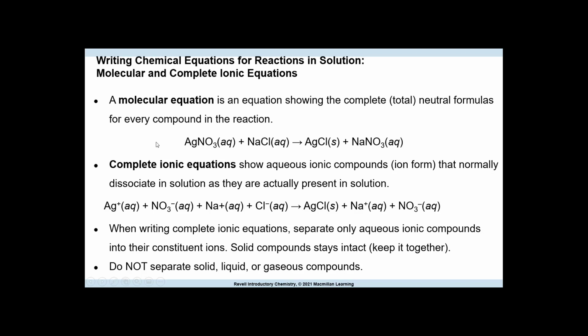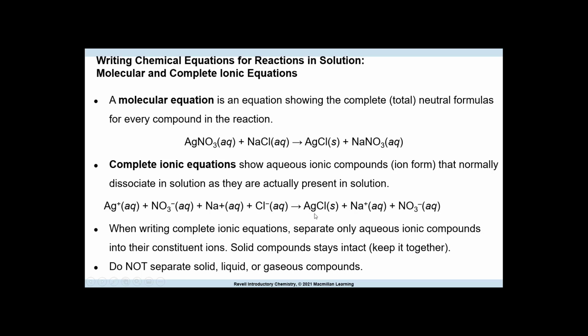Now, when it's asked for complete ionic equations, which is what we're building up to, this shows the ion form. So basically, you break everything up. You take a line and you break it up and you put the charges with it appropriately, and how many. So in this case, we see silver as an ion, nitrate as an ion, sodium as an ion. Sorry, this should be up. That's why it looks weird. And then on this side, this is complete ionic.